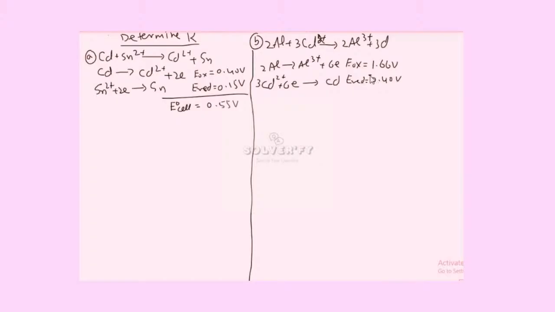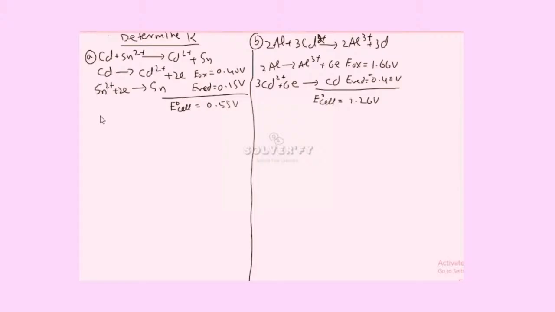Adding the two half cell potentials, we get E naught of the cell, which is equal to 1.66 minus 0.40, so this is equal to 1.26 volt.